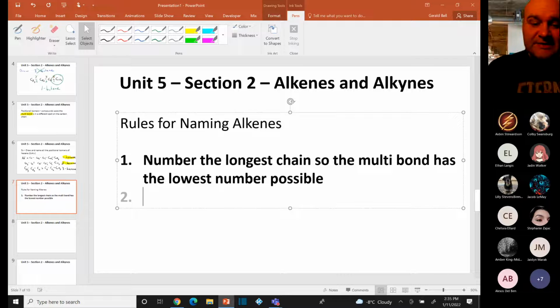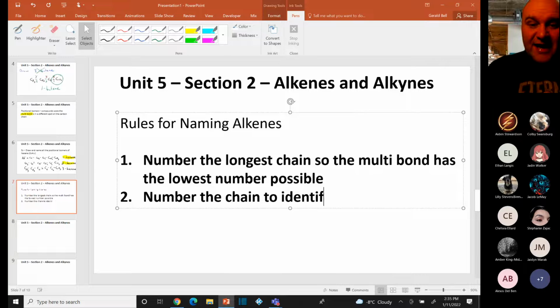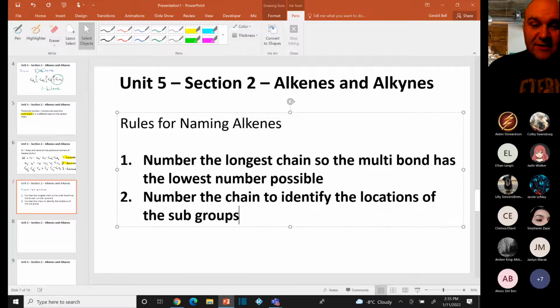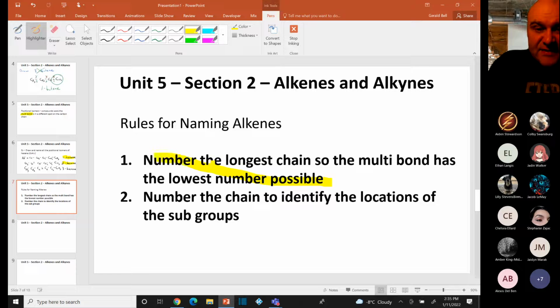Number 2 is: number the chain to identify the locations of the subgroups, but don't renumber. So if you've got the multibond on one side of your molecule and the subgroups on the other end, the multibond takes precedence. And maybe that's even the first example we can do here.